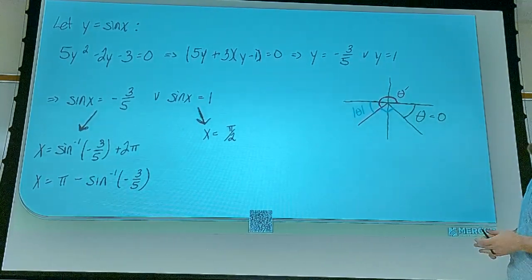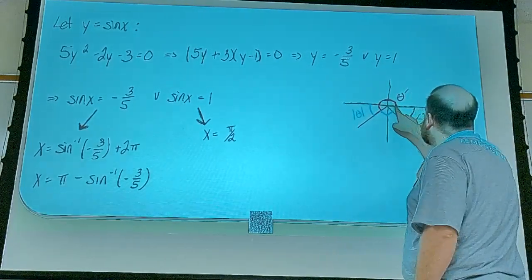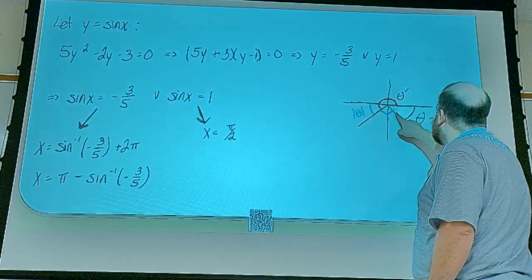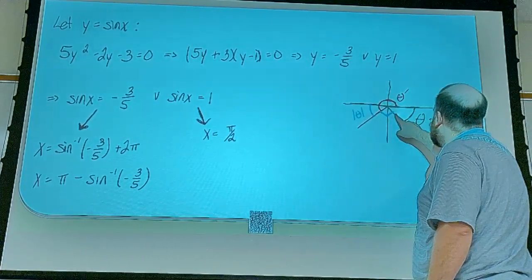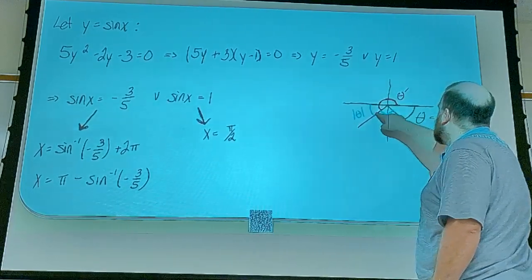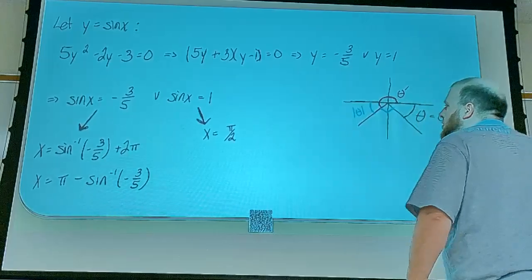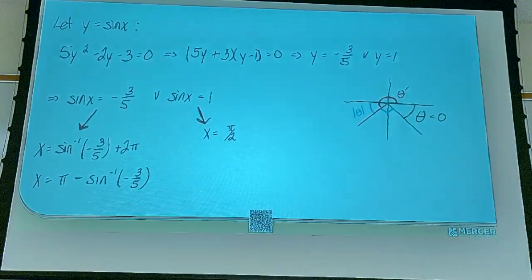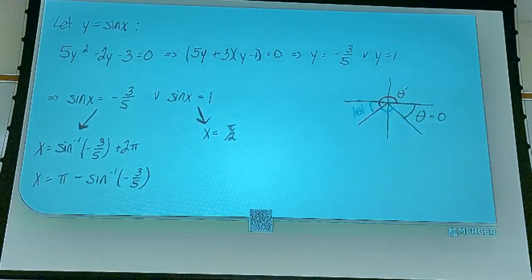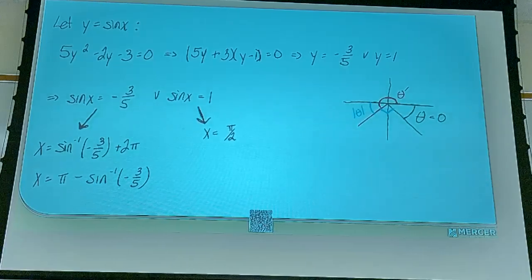What do you think now? Minus pi over 2. So you could also have 3 pi over 2 plus that inverse sine. They're both the same.